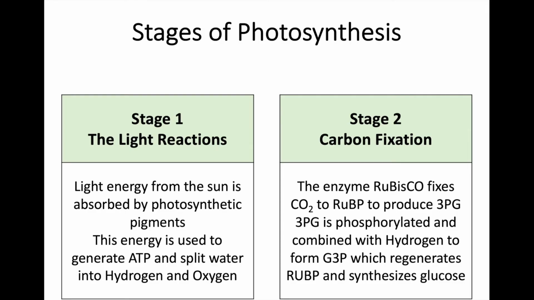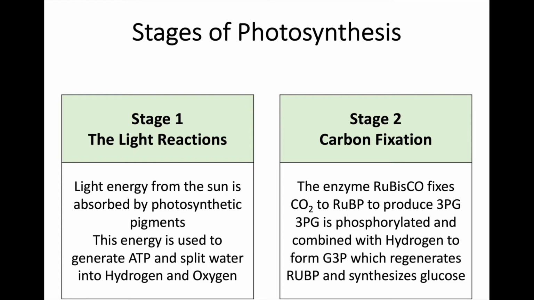Now stage 2, which we'll cover afterwards, is very different. Again, it is that cycle of enzyme-controlled reactions that we talked about in National 5, but again, there's a lot more detail here. We have an enzyme called rubisco, which is used to fix carbon dioxide to a molecule called RUBP to produce 3PG.